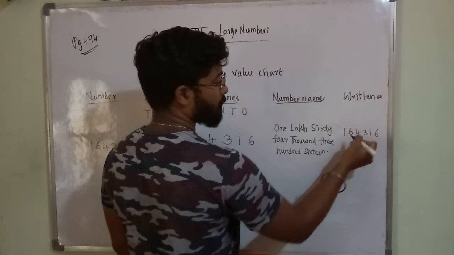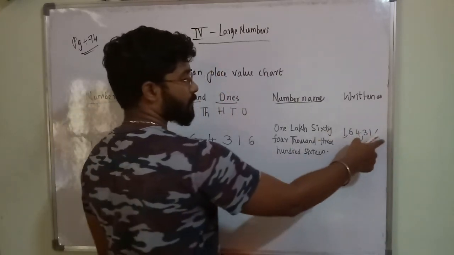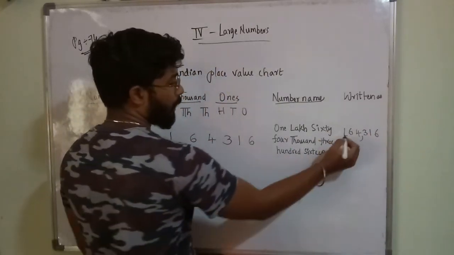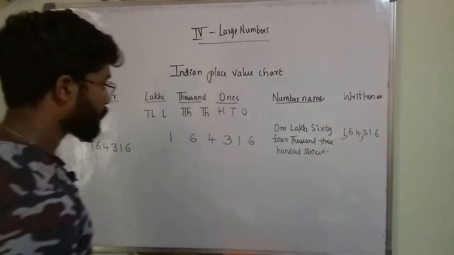After the first 3 digits 1 comma, after the next 2 digits 1 comma. This is the ones period, this is the thousands period, and 1 will be in the lakhs period. So you can write like that.